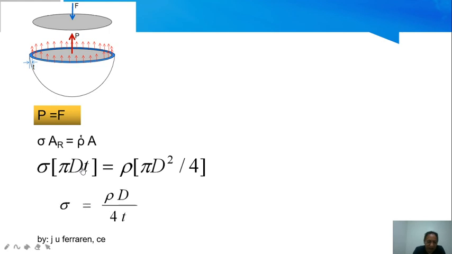So coincidentally, we arrive at a formula for the spherical tank which is the same as it looks in the longitudinal case. But this is not a longitudinal stress because there is no length considered in a spherical tank. So, this formula is used exclusively for the spherical tank.